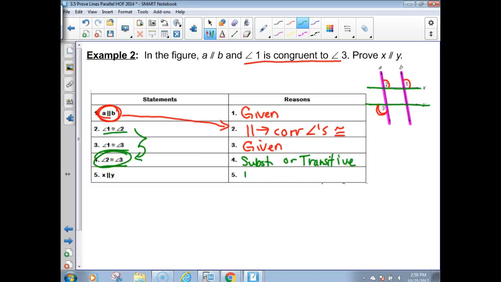Good. So if you've got alternate exterior angles congruent, that makes you have some parallel lines. That's what today's about, proving the lines are parallel. And that would have to be last if you're proving that. So that would be the last part of the statement.